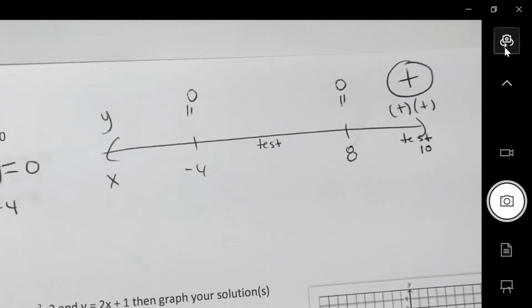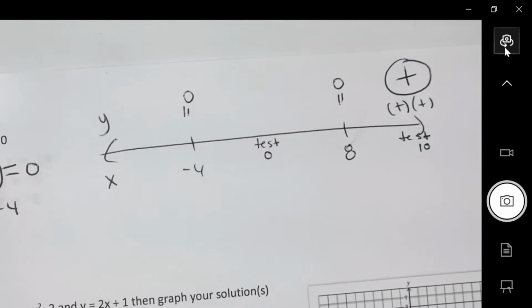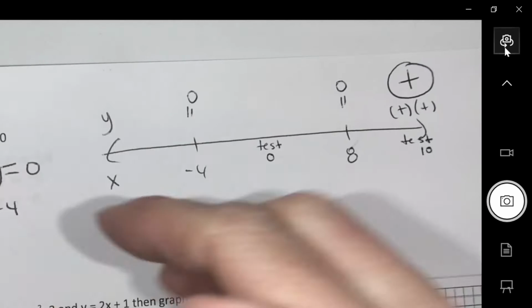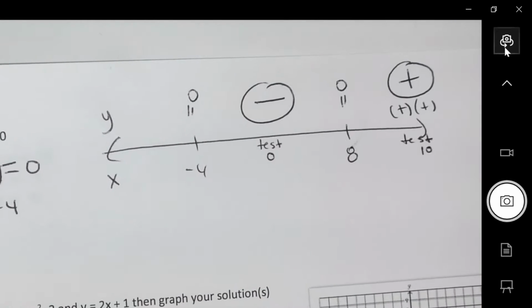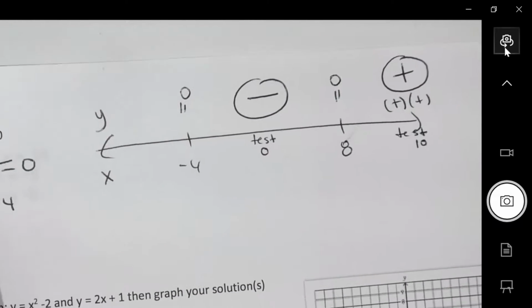Okay, I'm going to test something in between. Anybody have a really good x value to test in this zone? 0. FYI, -32. So, negative. Okay, you could have plugged it in and been like, oh, 0 minus 8, negative, 0 plus 4, positive, which makes negative.